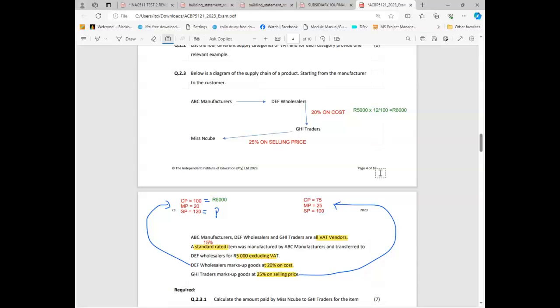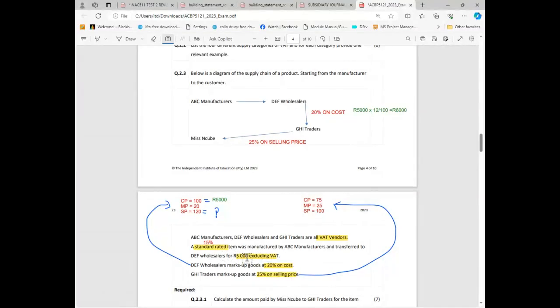So this is the 6,000. Remember all the vendors charge VAT. They are all VAT vendors, meaning they can claim back VAT. Remember this 5,000 must include VAT when they sell to each other, but because they can claim it back from SARS, we use the amount excluding VAT.